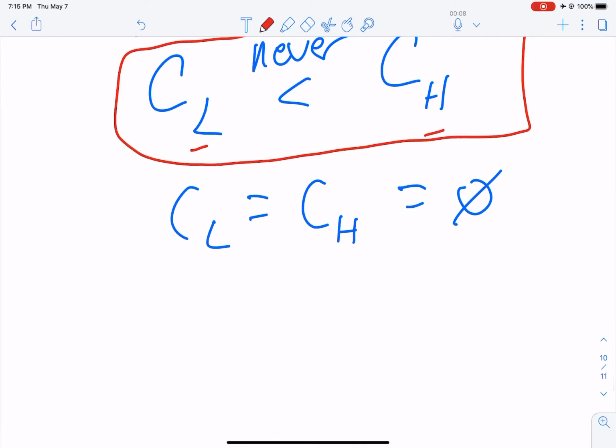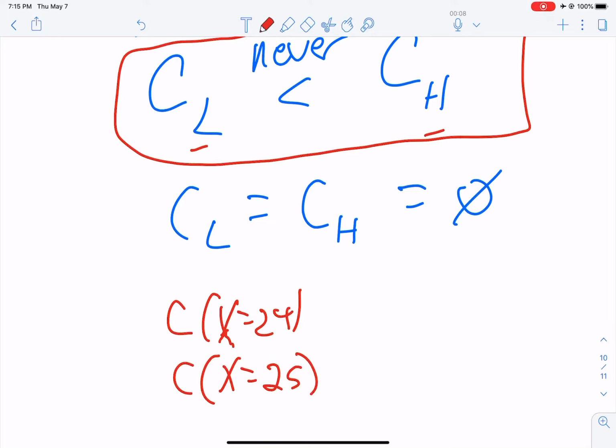That's the condition, and let's see what happens when it's violated. Let's talk about a call with an exercise price of 24, and then another call with an exercise price of 25. A little subscript here means we're looking at their prices at the same point in time, a point in time I'm calling date 0.